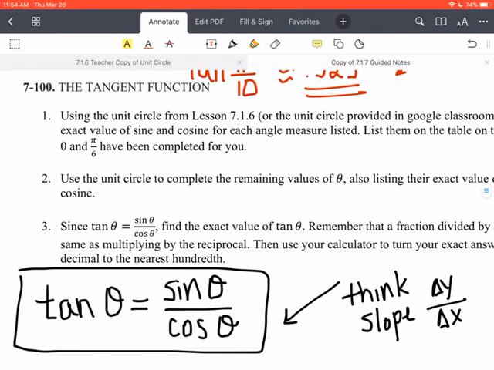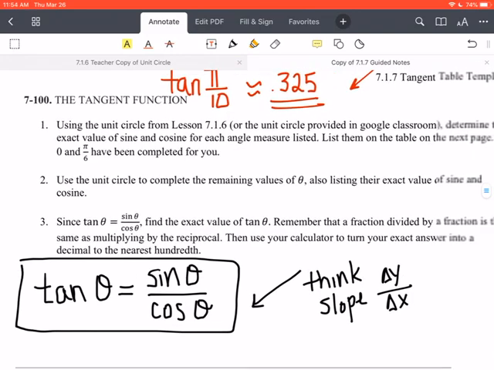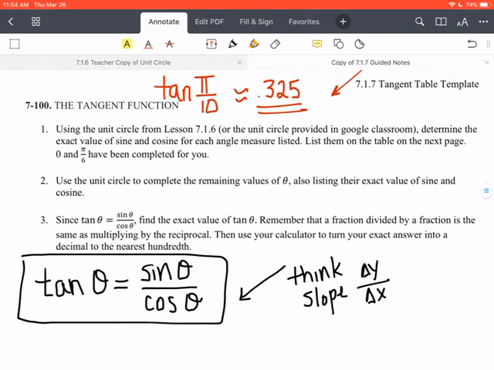So now to really dive into this idea of the tangent function, we are going to use our unit circle that we prepared in lesson 716. That's what we did in lesson number 1 yesterday, and determine the exact value of the sine and cosine for each angle measure listed. Then list them on the table on the next page or make a table on a blank sheet of paper, and you can see that they've been completed for you for 0 and pi over 6.